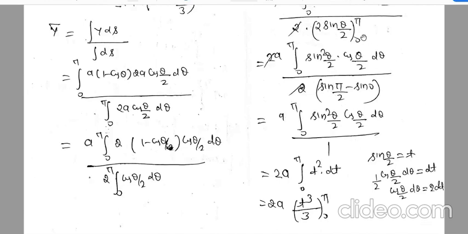In the denominator, same as it is, no change. In the numerator, we are considering sin theta by 2 is equal to t. So half cos theta by 2 d theta is equal to dt, and cos theta by 2 d theta is equal to 2 dt, right?